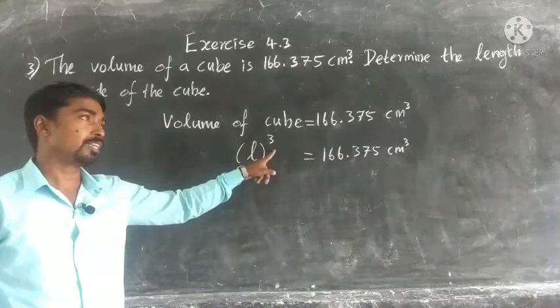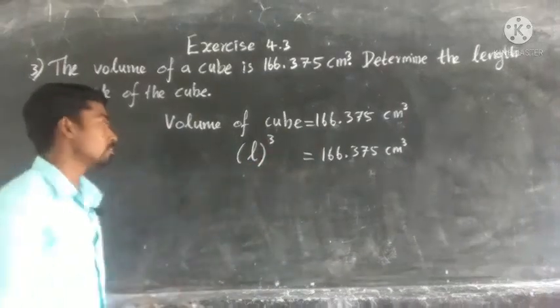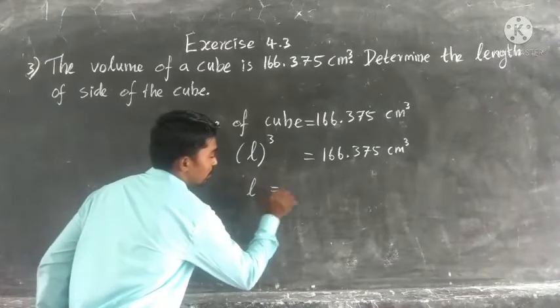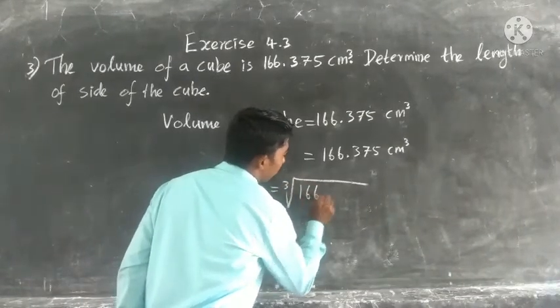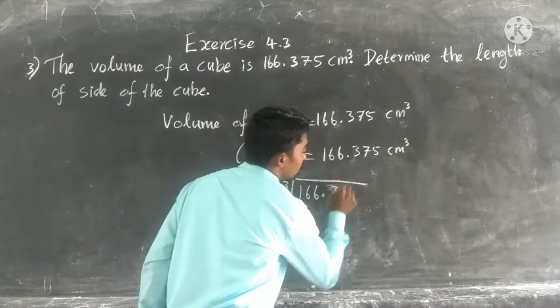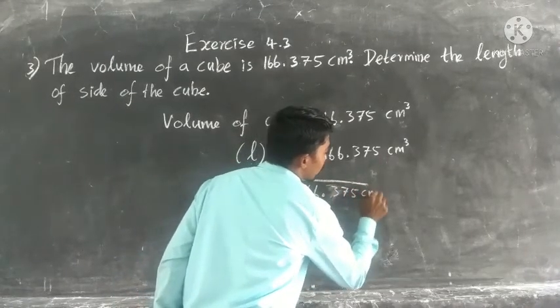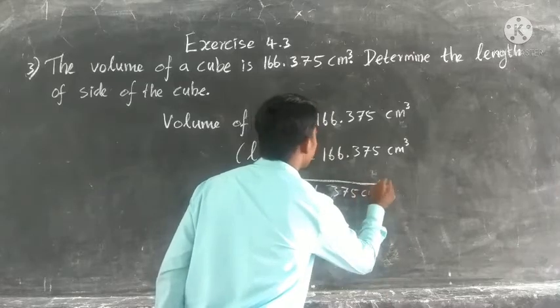L to the power 3, the 3 we can take to the other side. Length is equal to cube root of 166.375 cubic centimeter.